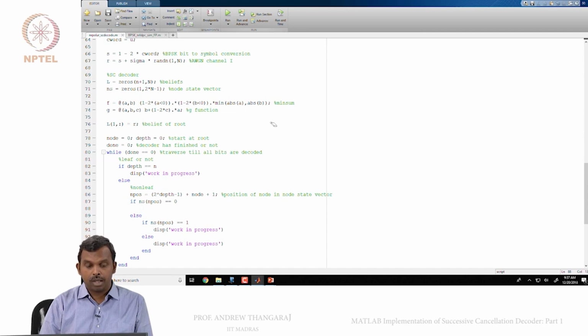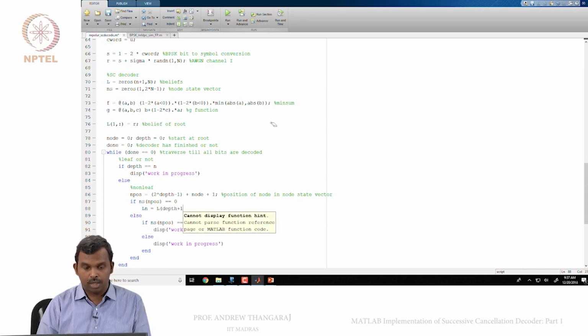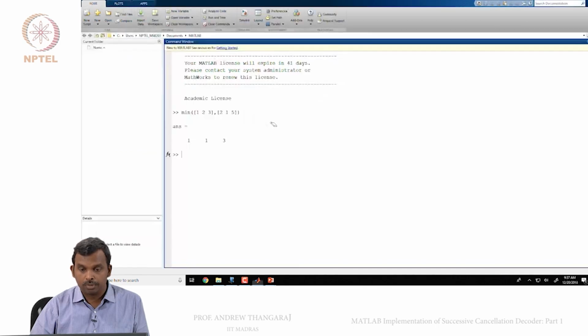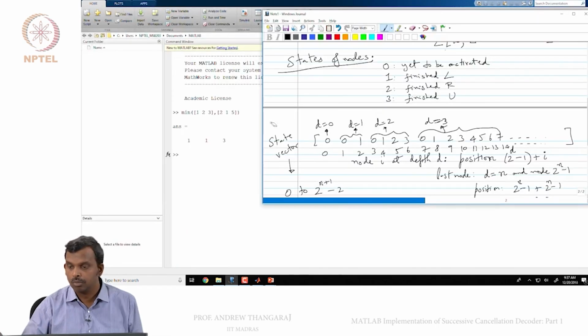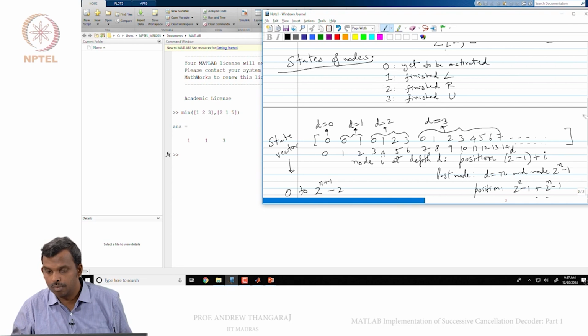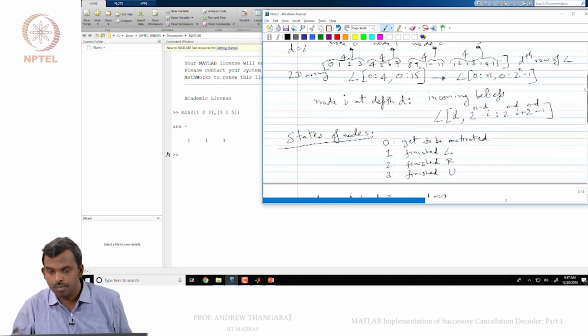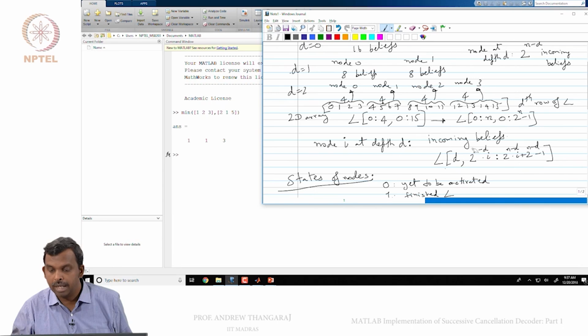So what is A? Remember, for node and depth, we know what is the corresponding L value. So L node equals L of depth plus 1, comma, right? You remember the little formula that I wrote down? It's 2 power n minus d times I, and then 2 power n minus d times I plus this guy.